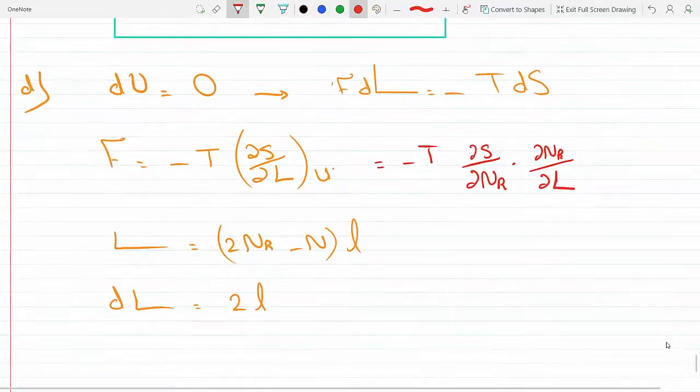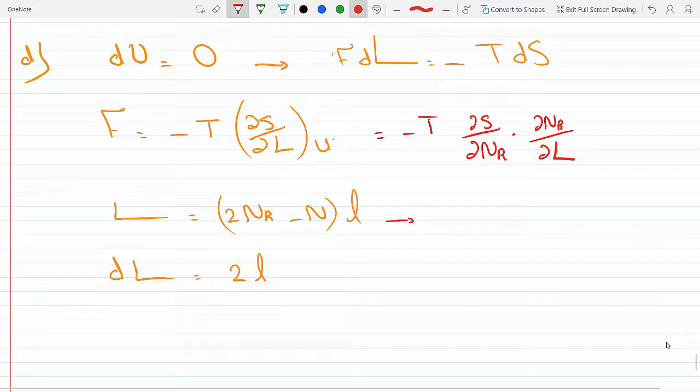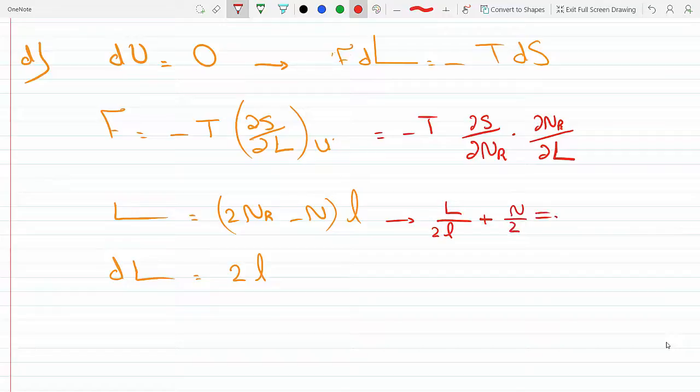If I plug the relationship into my chain rule, I can solve for nr, which will be L over 2l minus n over 2, or plus n over 2. This is my nr.